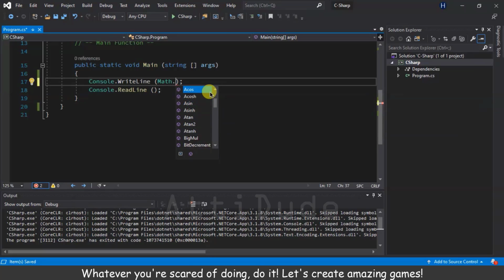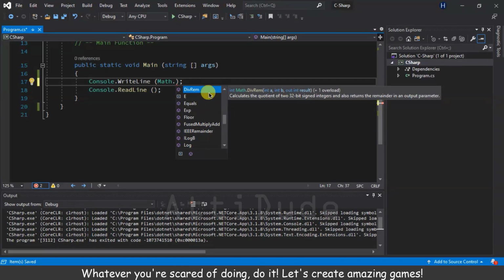We have cos, that means cosine. We have sine. We have logarithm, and more of these. Personally, I don't understand cosine, sine, logarithm.